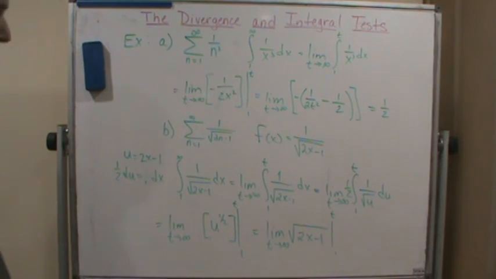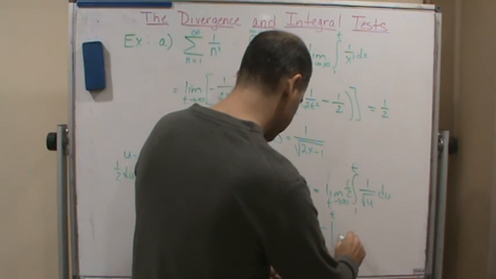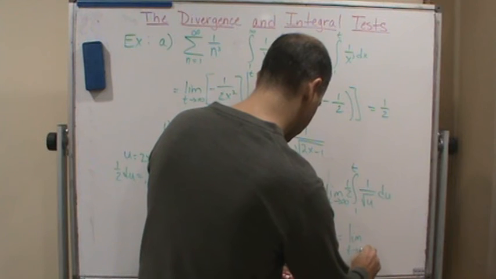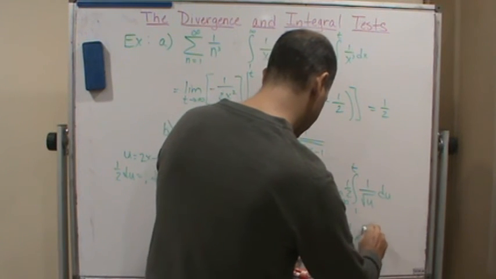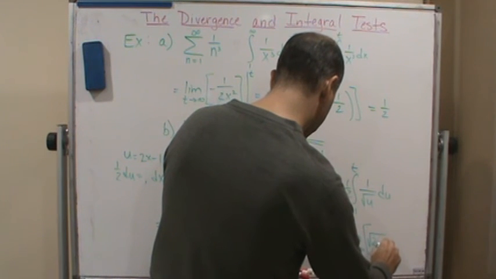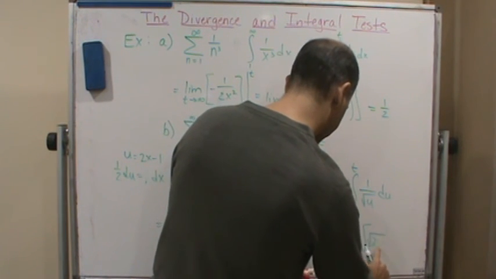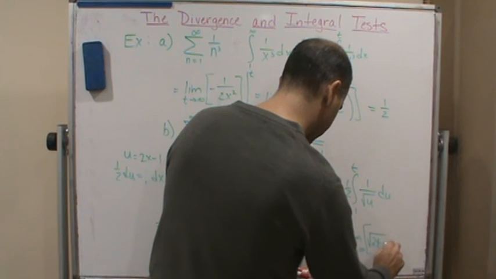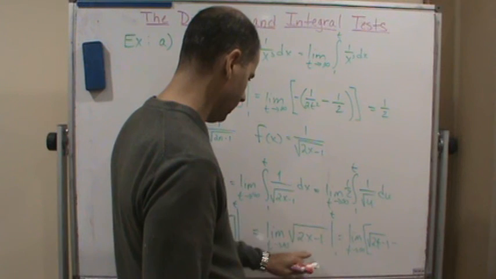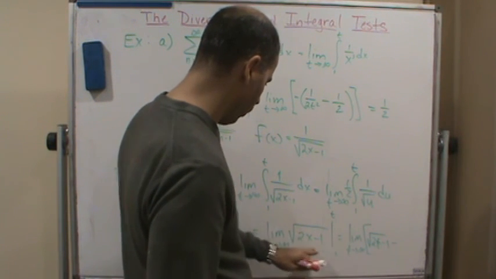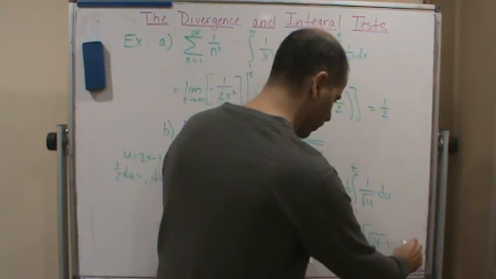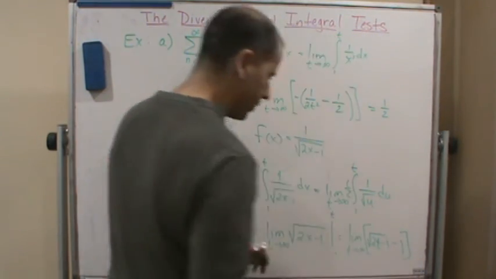Okay, now this becomes the limit as t approaches infinity of the square root of 2t minus 1, minus the same thing evaluated at 1, which is going to be 2 minus 1, which is 1, and the square root of 1 is 1. So that's what we get.